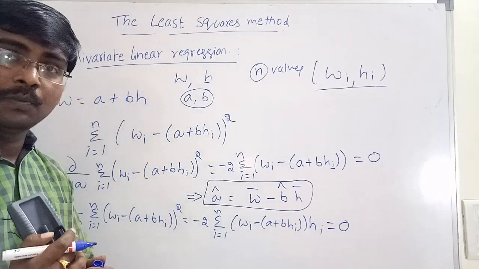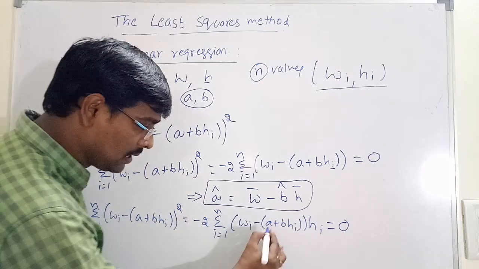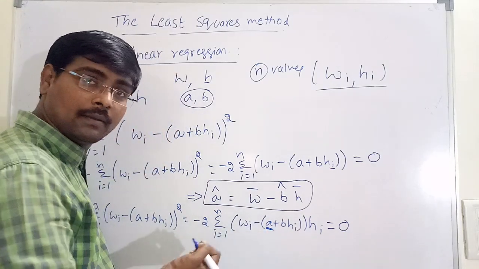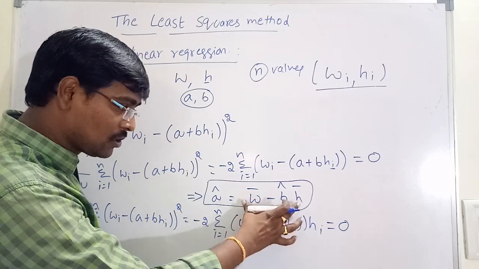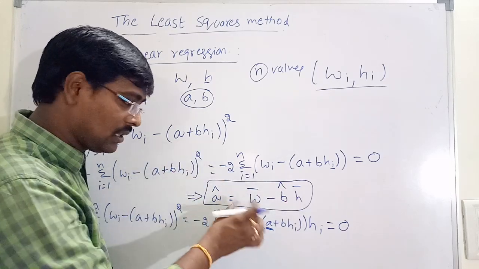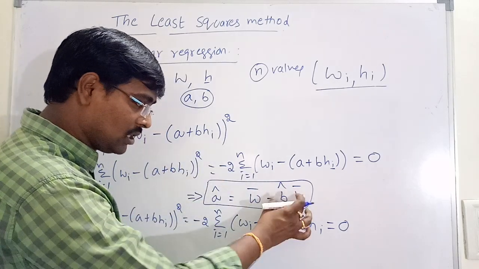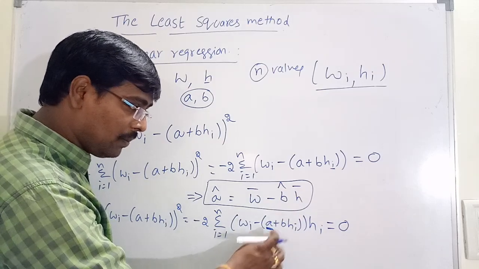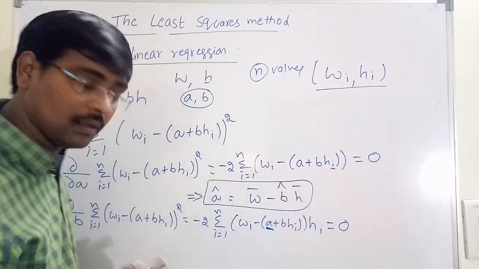Now how are we simplifying this equation? Simply substitute A. The A cap is substituted with this value, that is W bar minus B cap H bar.